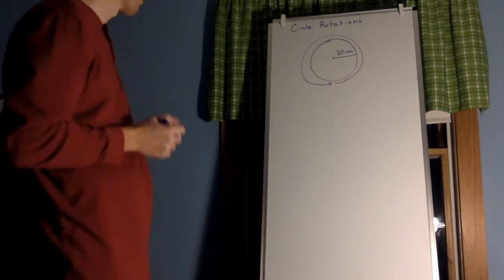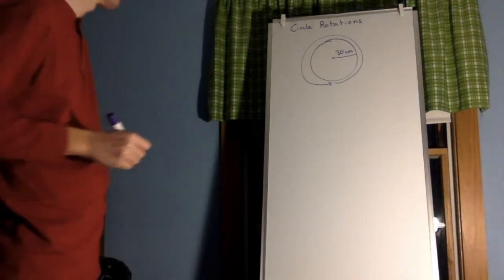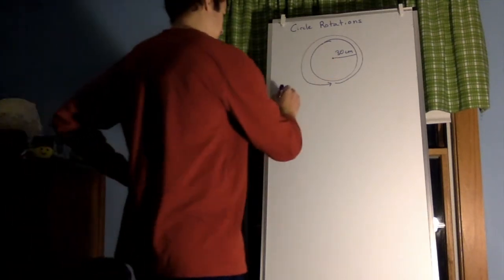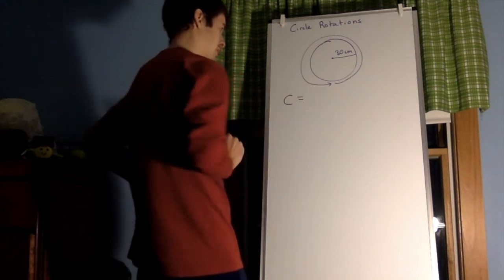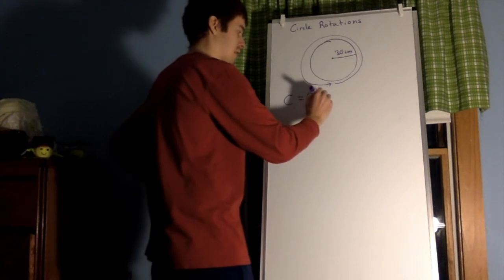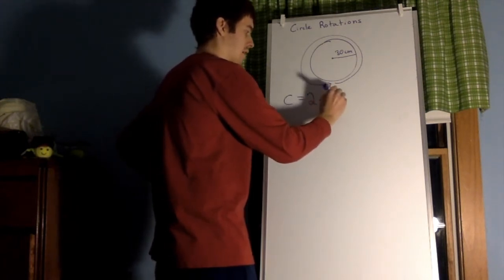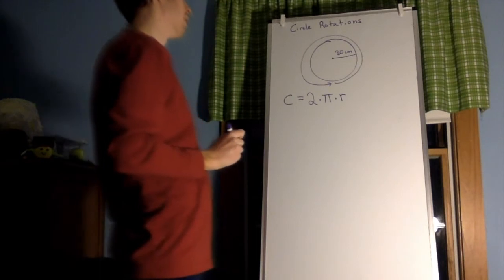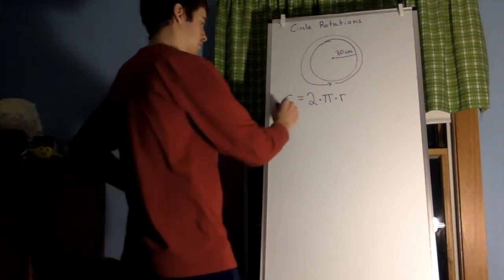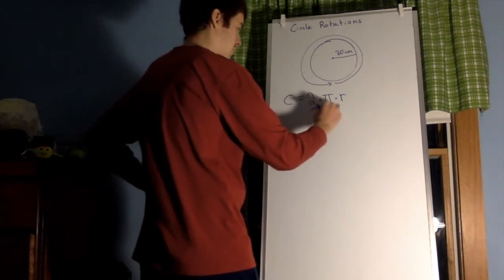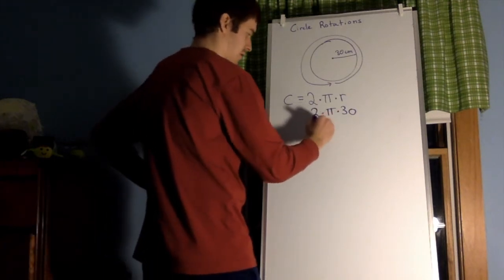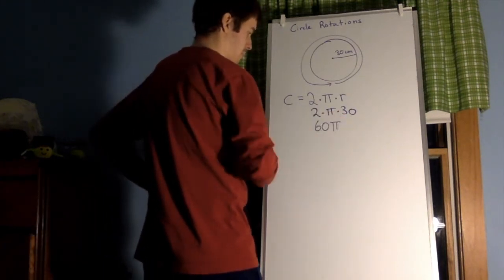All right, so let's find our circumference first. We are dealing with radius, so I will give you the formula for circumference that relies on radius, which is 2 times pi times radius. And I know that the radius is 30, so we'll say 2 times pi times 30, or just 60 pi.